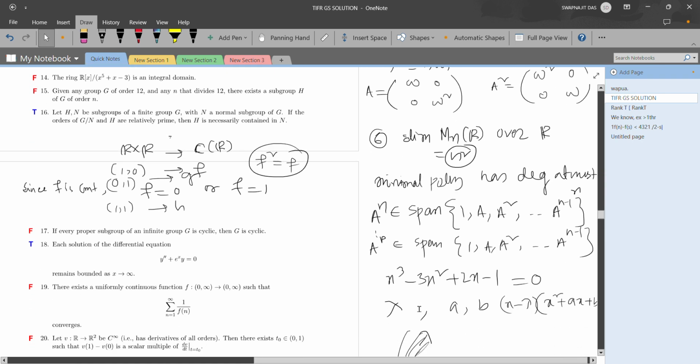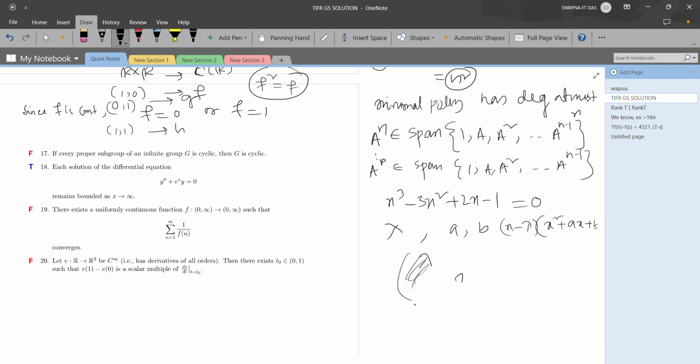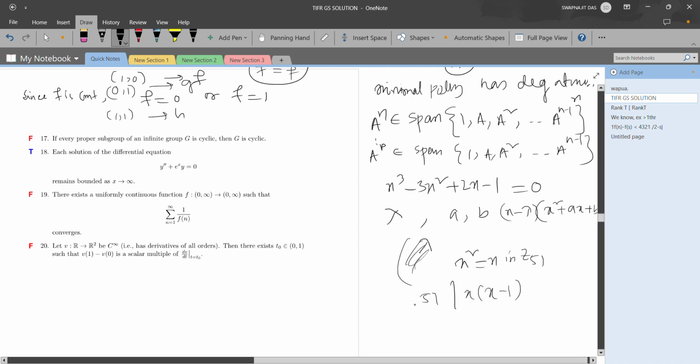So the idempotent elements in Z51 are 0 and 1 only. Idempotent means x square equals x in Z51. That means 51 must divide x times x minus 1. Right.